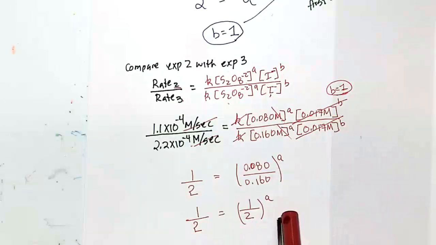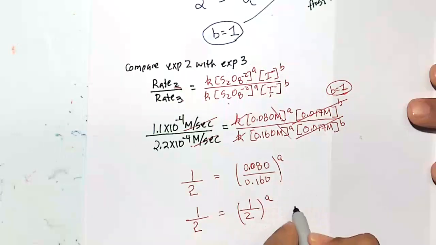Will A equal 0? No. Will A equal 1, or 2? 0 order, first order, or second order decay. A is going to equal 1.